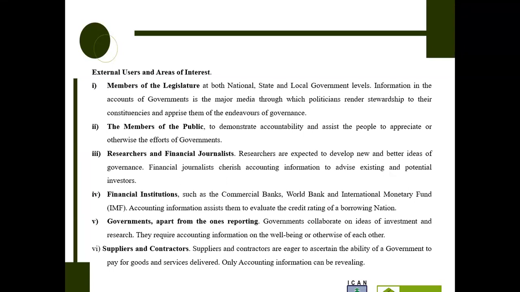We have suppliers and contractors. Suppliers and contractors are eager to ascertain the ability of a government to pay for goods and services delivered. Only accounting information can be revealing. It is only accounting information that can reveal how suppliers have been able to deliver goods and how they are being paid, and how contractors have fared on the projects that have been carried out.